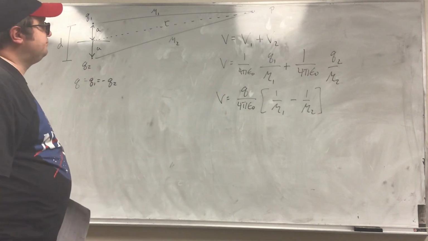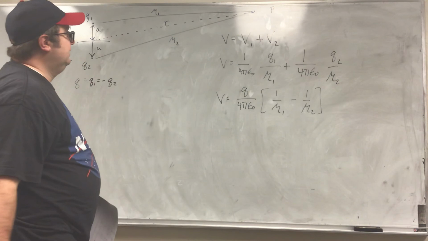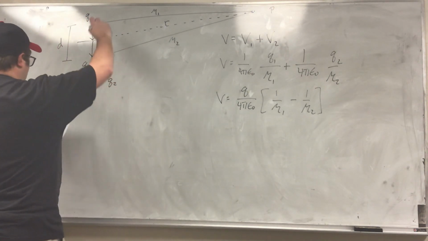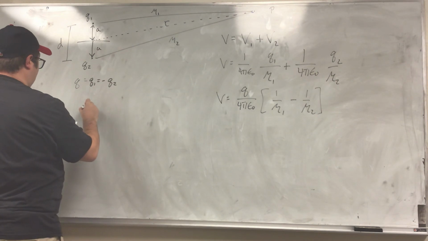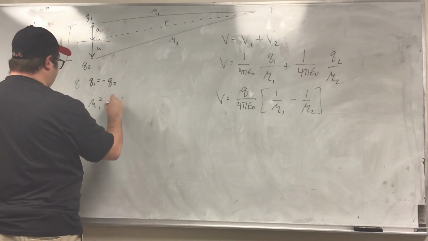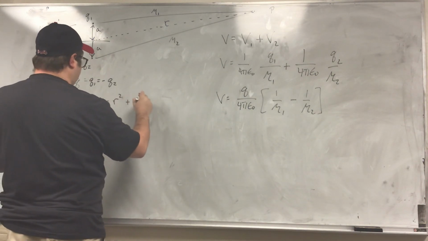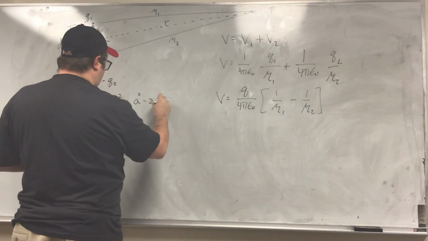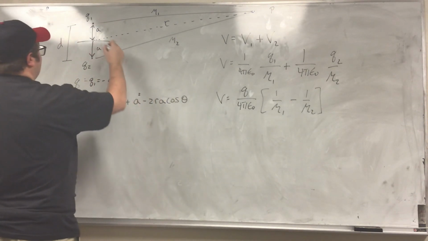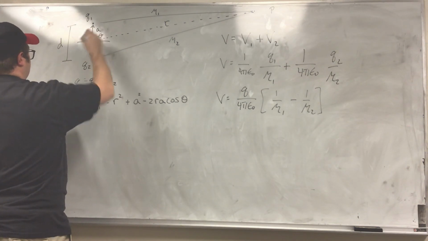And so if I want to figure out what to do, I'm going to go ahead and write down, using the law of cosines, script r1 squared is equal to r squared plus a squared minus 2ra cosine theta, where theta is now this angle here, right?